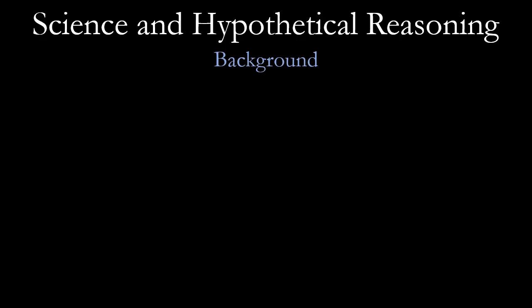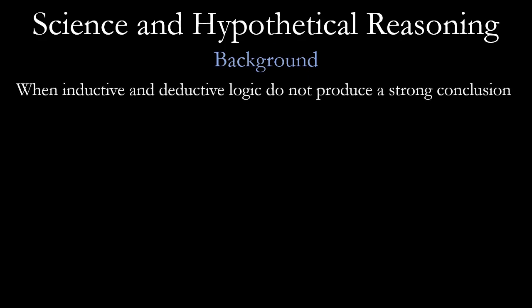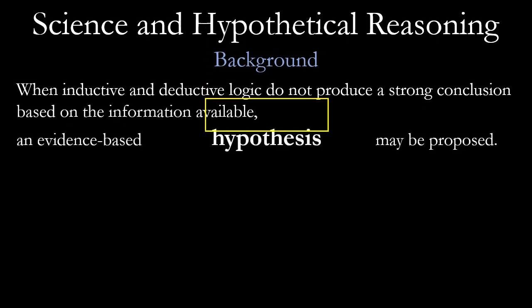With scientific and hypothetical reasoning, what we are actually doing is addressing situations where inductive and deductive logic, which we had spent a lot of time talking about before, do not produce a strong conclusion. And when that happens, we need to form a hypothesis, right?